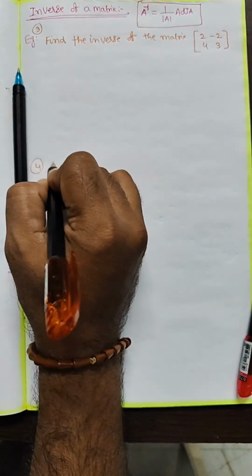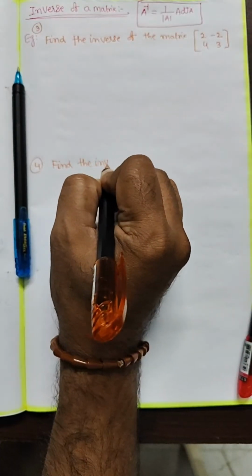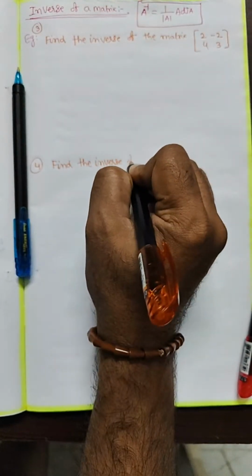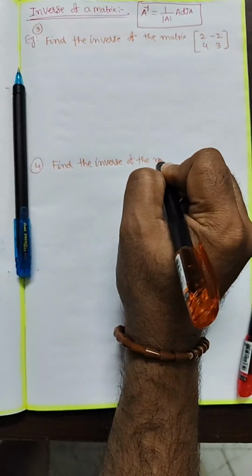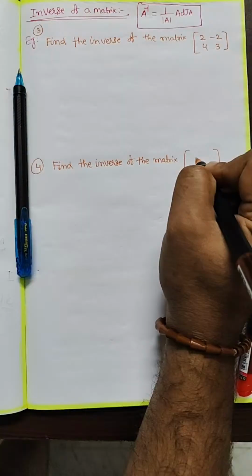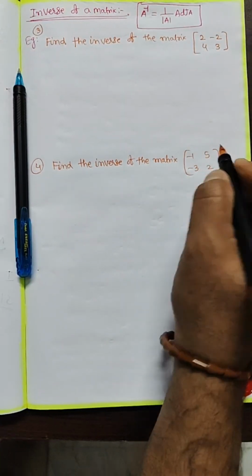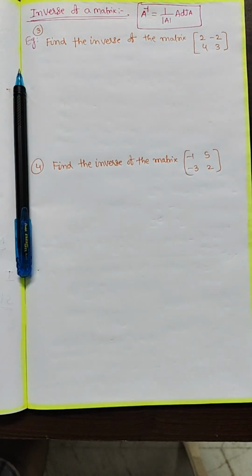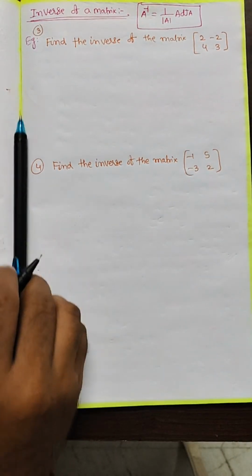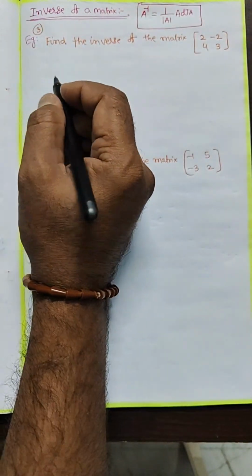Similarly, question number 4, find the inverse of the matrix minus 1, 5, minus 3, 2. So first what we have to do is find the determinant.